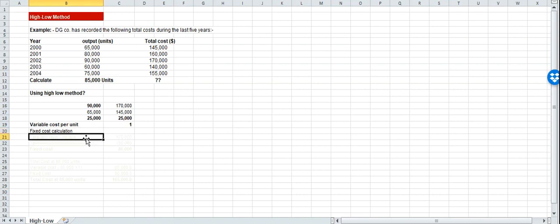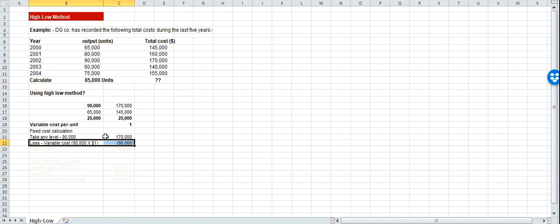Then in order to calculate the fixed cost, what you should do is at any given output level, you take the total cost. Now here I will take the output level of 90,000 at which the total cost is 170,000.